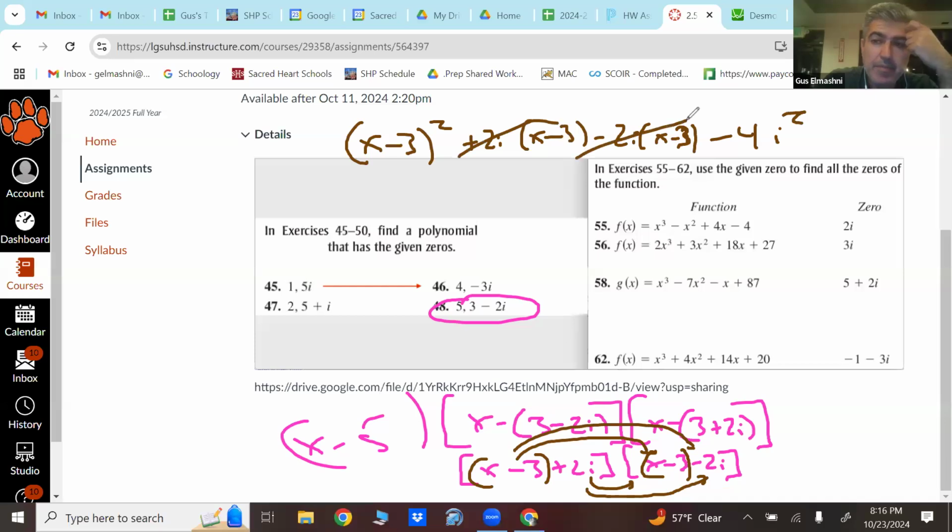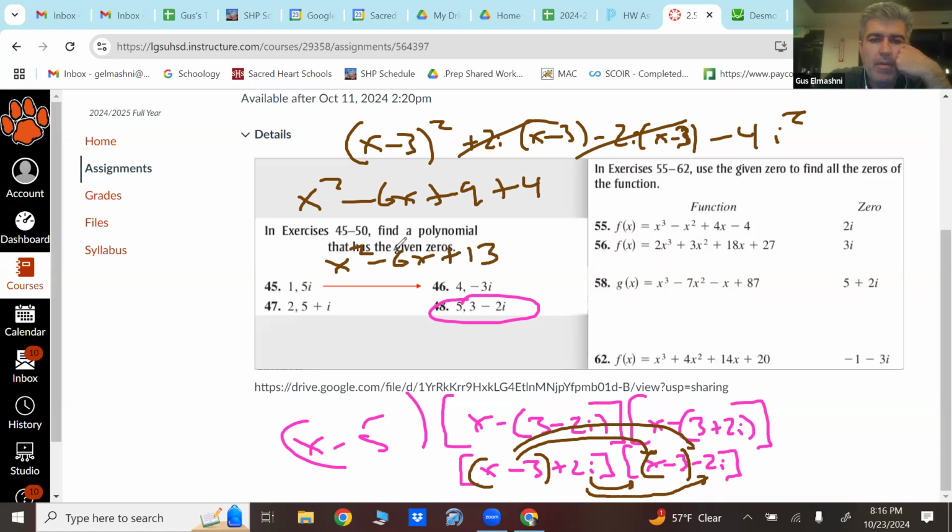Those cancel. i squared is negative 1, so you get positive 4. And then you have to FOIL with x minus 5 afterwards.